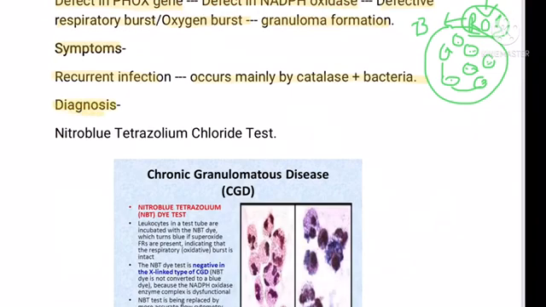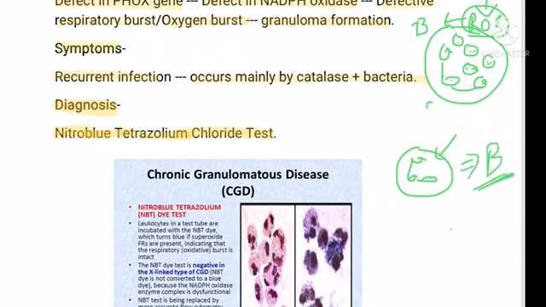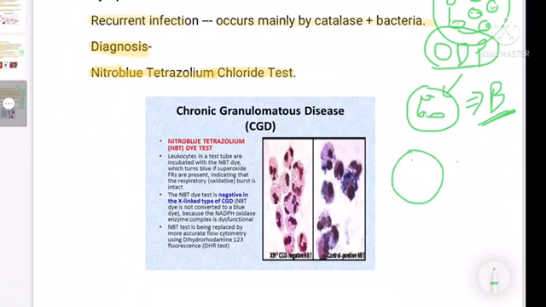For the diagnosis of chronic granulomatous disease, we use a special dye, the nitroblue tetrazolium chloride test. This is a colorless dye. Whenever you put this dye on the WBCs, it changes into blue color if the oxygen dependent pathway is working. If the oxygen dependent pathway is not working, the neutrophil is unable to use the dye, so there will be no change in color.